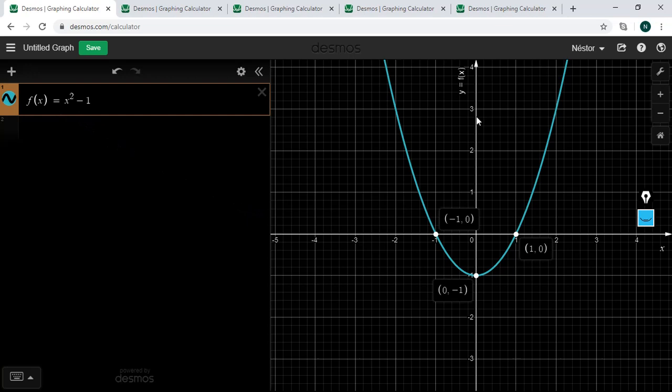And we already know right away by looking at the graph that the y-intercept is this one, minus 1. Some people say that the intercept is just the value at which the graph crosses the y-axis, in this case minus 1. And some other people say the whole point, both coordinates: the y-intercept is 0, comma minus 1.